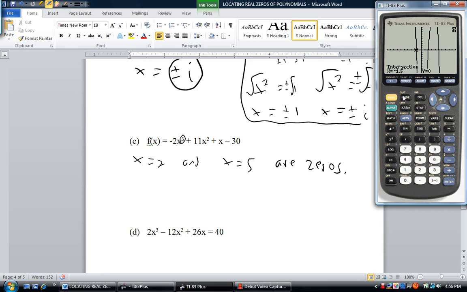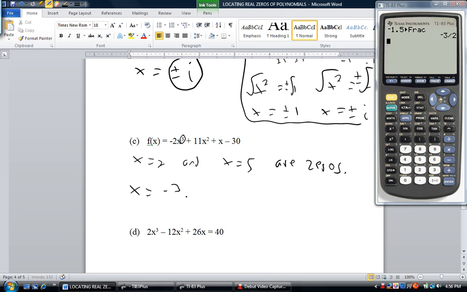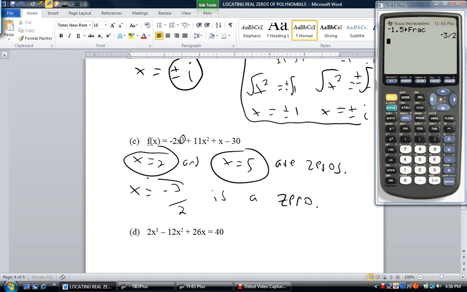If you don't know what that is, math enter. It is negative 3 halves. That's our third zero. And I'm done. Didn't have to do any work whatsoever. So just be aware. Sometimes you can find them all on your calculator.